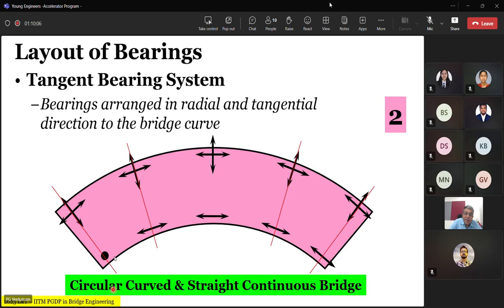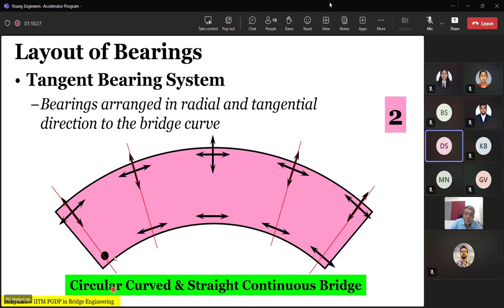Shojit. Sir, for tangential bearing, it will be easier during construction. Okay. So one positive side for tangential bearing. But structurally, which is better?